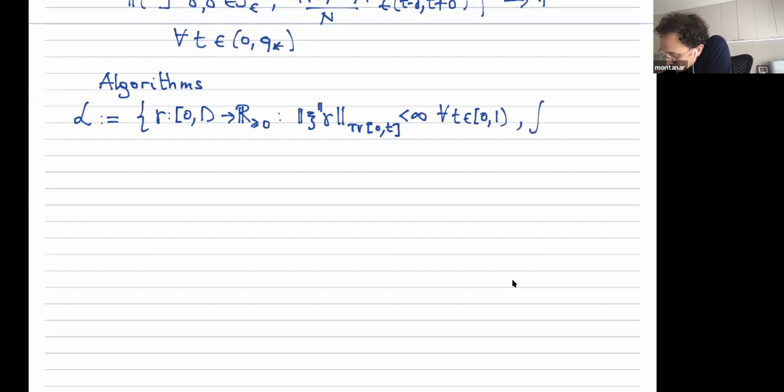And then the integral of gamma t dt is also finite. Here the notation is that xi prime, xi second is the obvious thing.